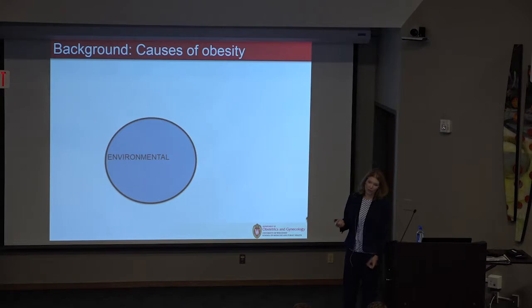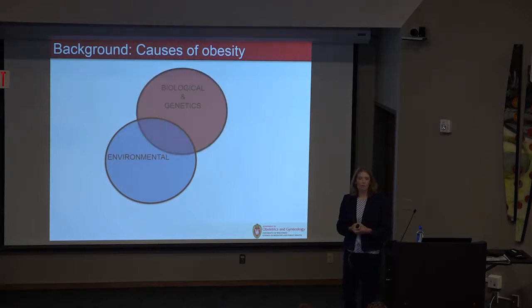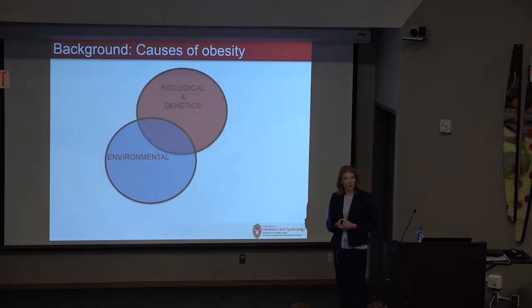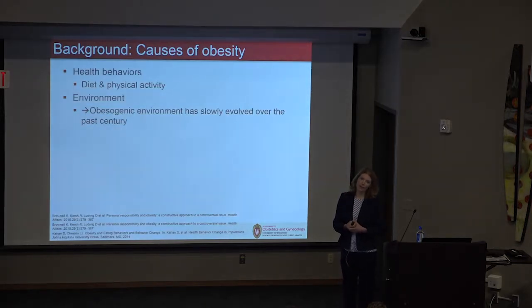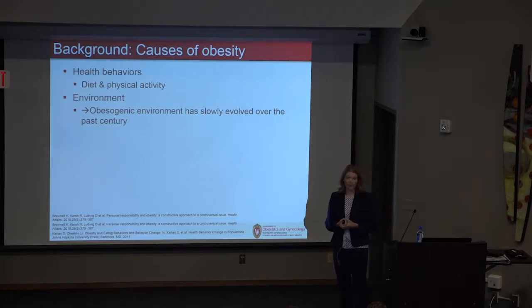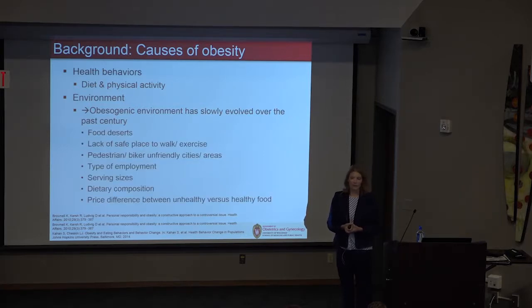So I'll briefly touch on the causes of obesity. I think we mostly think about environmental causes of obesity, things like diet and exercise, but there are also significant biological and genetic causes and also psychological causes. We typically think about diet and physical activity as contributors to obesity, but the environment overall, the world in which we live, has slowly evolved over the past century to be a very obesogenic environment.